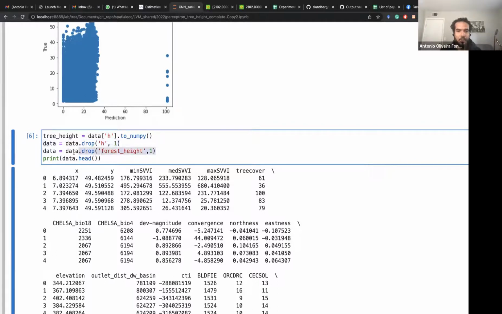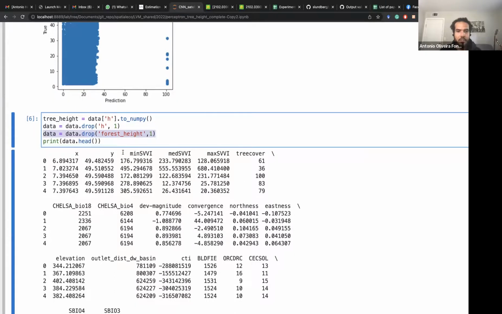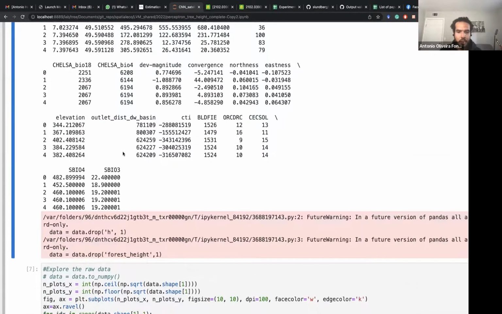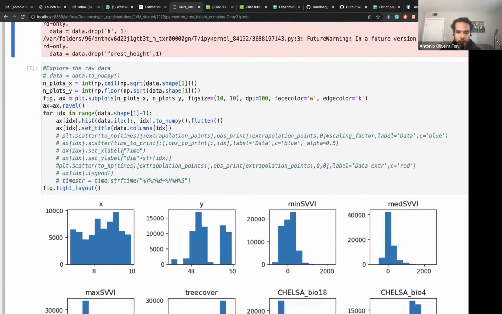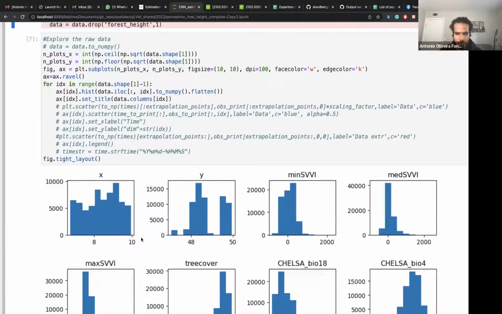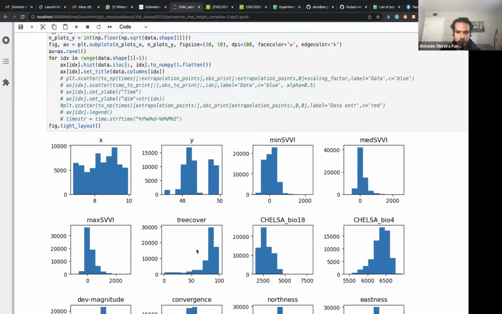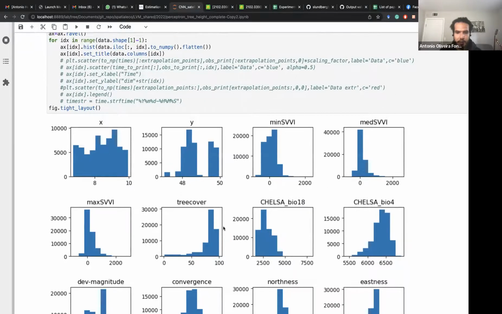And same thing for forest height. I also don't want to use this guy's estimate of the tree height as a parameter, because it could be beneficial, but maybe they're just doing a poor job, and we don't want to use their prediction. Then what we do next is our usual inspection of the range. I hope you're all familiarized already with the variables that we have in this data set.